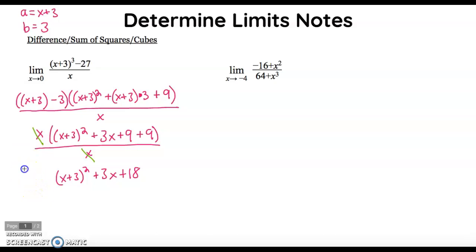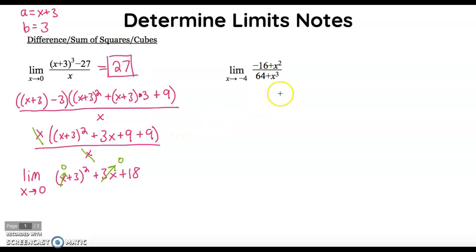So if I try to find the limit of this simplified version as x approaches 0, I plug in 0, and that x just goes away completely. The 3x just goes to 0, and then this x goes to 0. So I just have 3 squared plus 18. So 9 plus 18, which gives me a lovely 27 as my final answer.